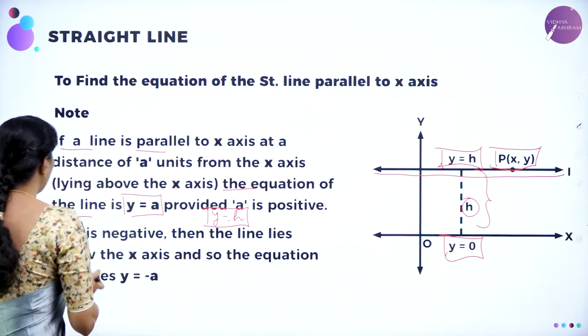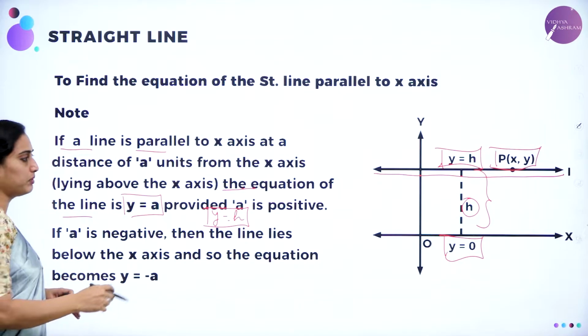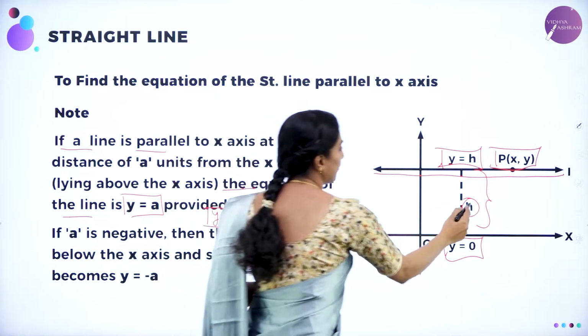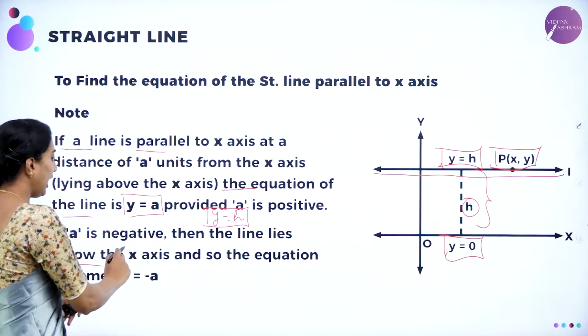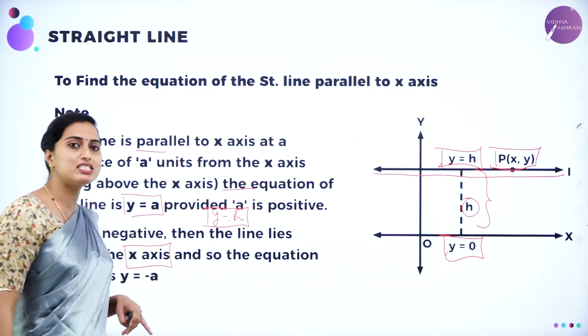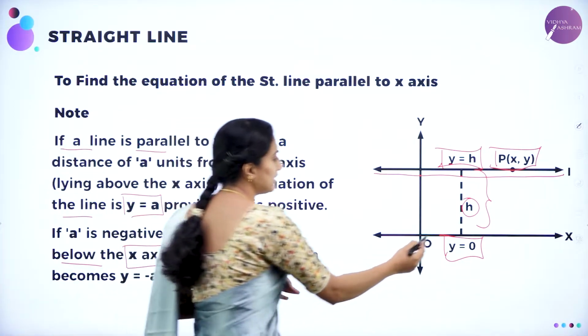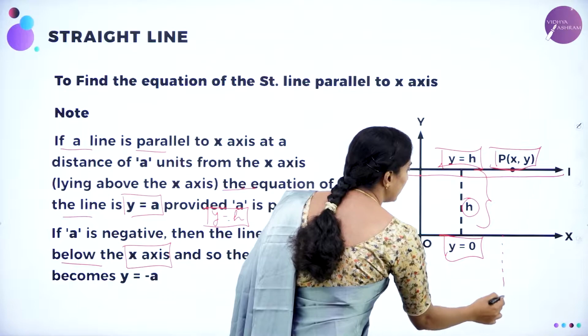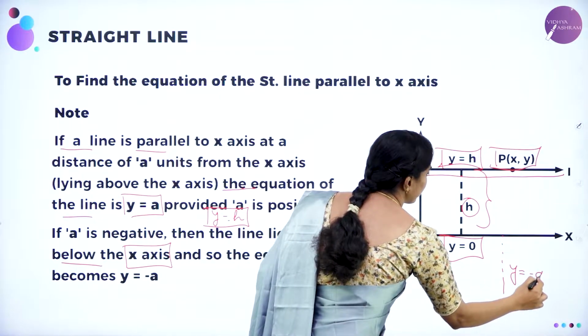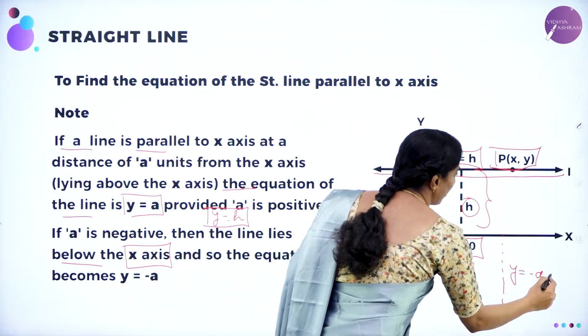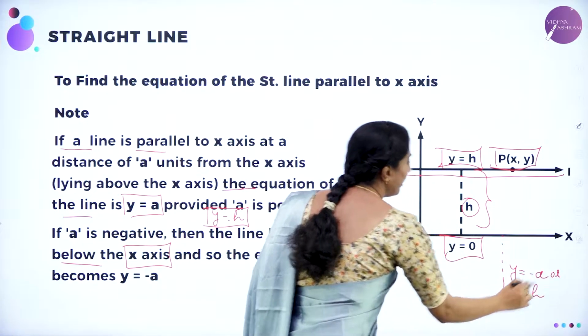And if a, that is h, is negative, then the line lies below the x-axis. This is the distance, so the equation is y = -a, or -h, according to what I have defined in the diagram.